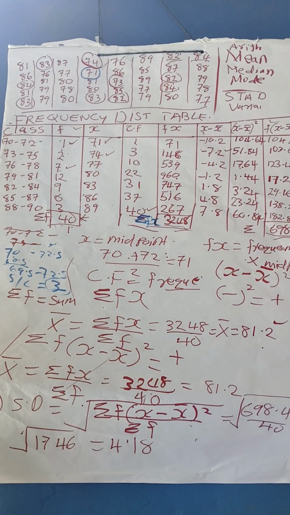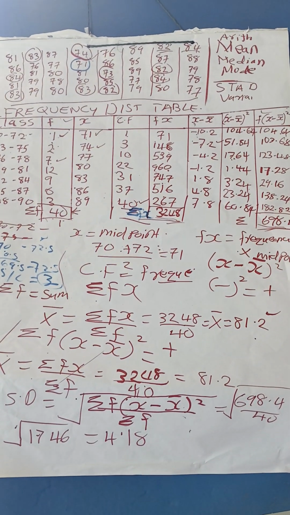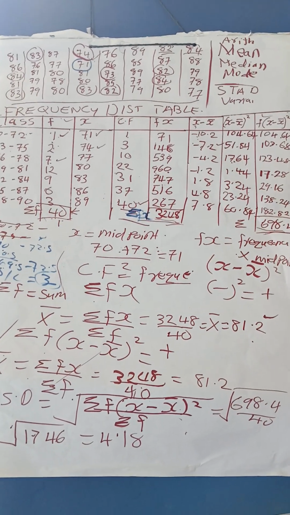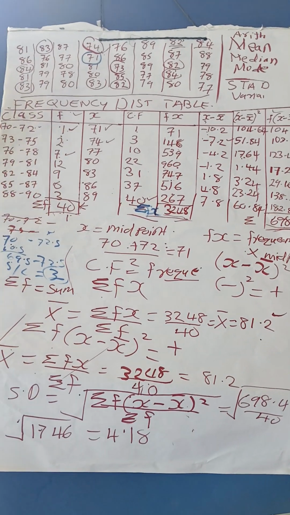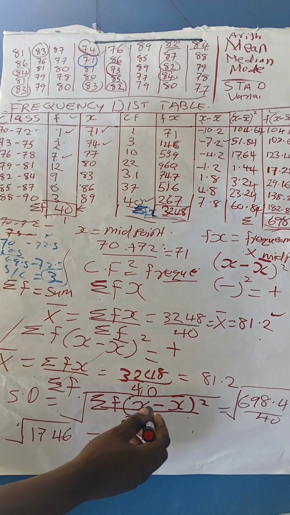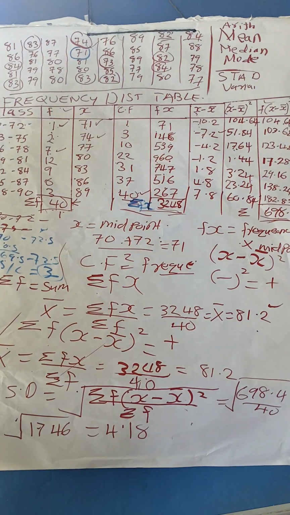So that is how we get the standard deviation. Already we have the data on the frequency distribution table, and we have the frequency here. So we just feed in this formula of ours, square root of total summation of f in bracket x minus mean squared divided by total summation of f.